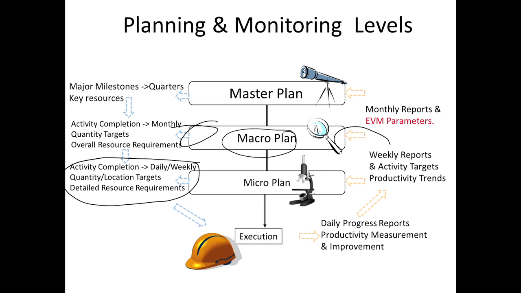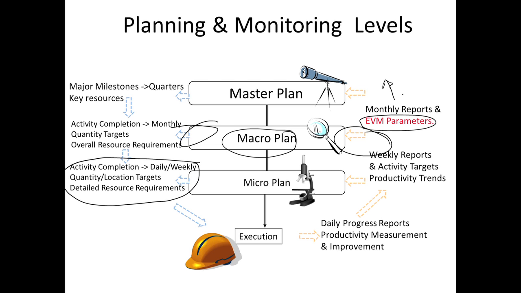So this is primarily our focus. How do we update the network? What kind of information do we get in terms of network analysis, especially at the level of the macro plan? We will also cover earned value measurements and the types of reports. All of these become important because when you go to higher management, this is how they would monitor the project.